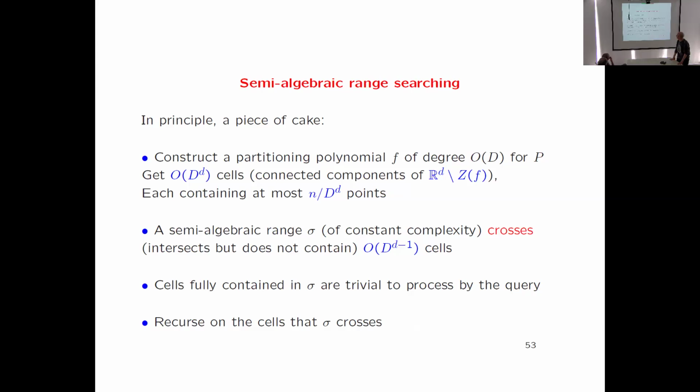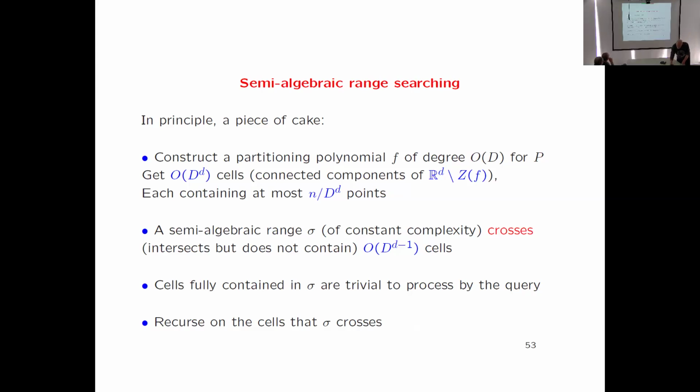And the semi-algebraic case, which was open, has now been solved because of polynomial partitioning. And again, the idea is very simple. You construct a partitioning polynomial of degree D. So you have n points in d dimensions. You get about D to the d connected components of the complement of the zero set, each containing at most n over D to the d points.